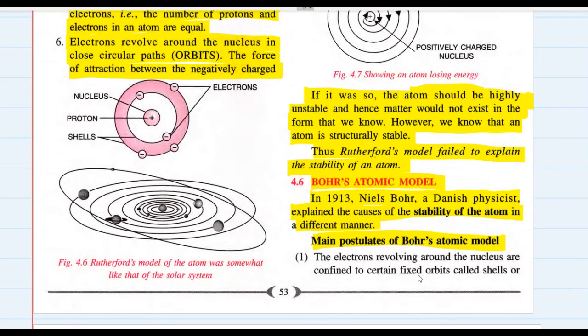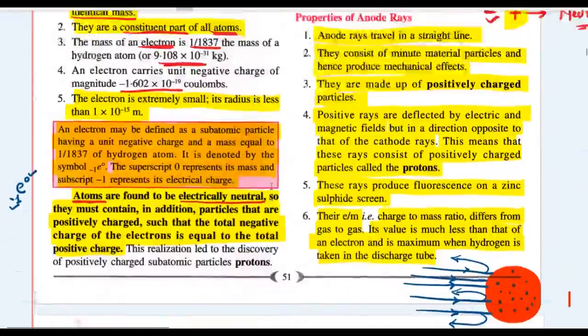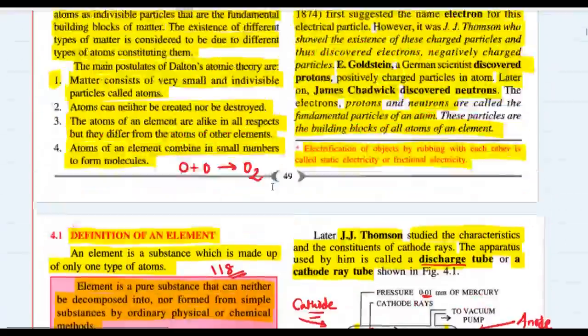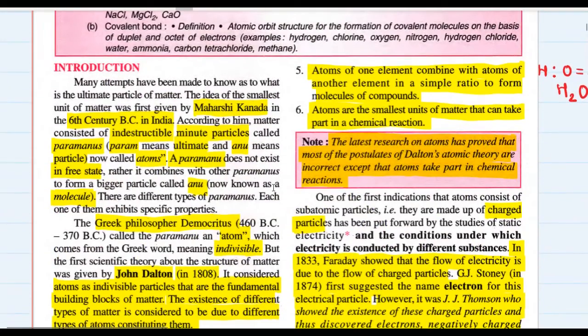Are you able to understand the whole story? Are you able to follow where we are going from where? See, we started with the introduction, with some assumption made by the ancient philosophers around 2, 3, 4, 5,000 years back.